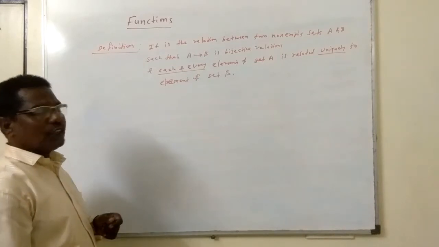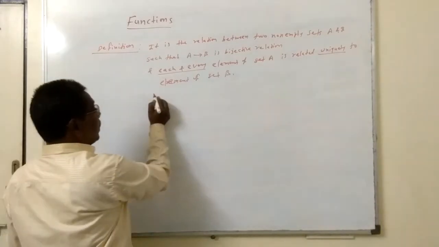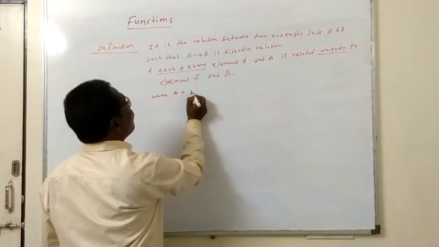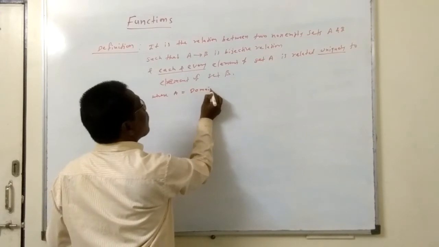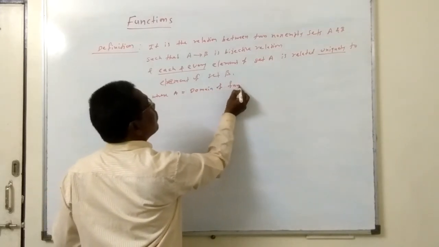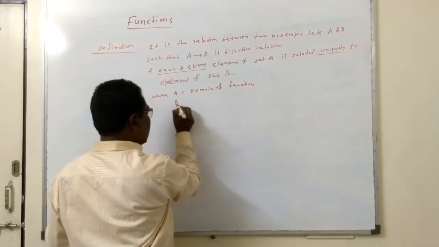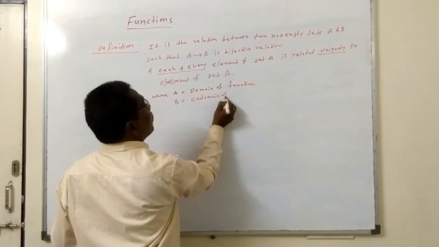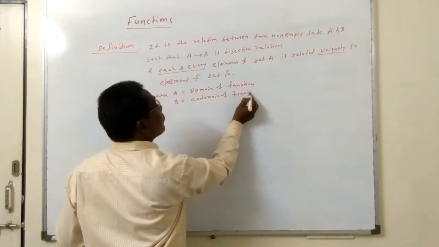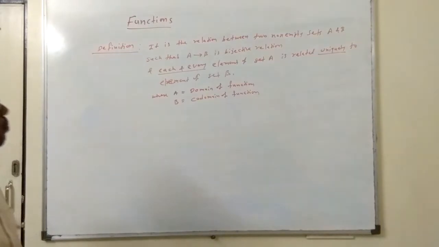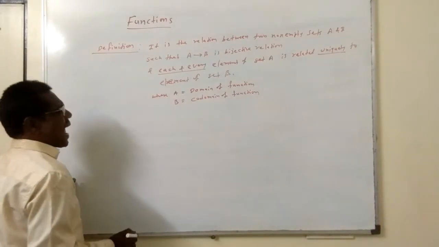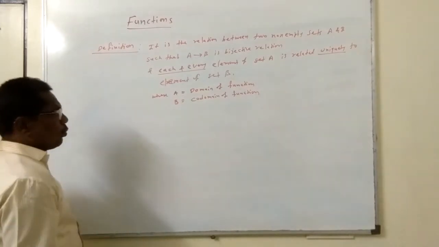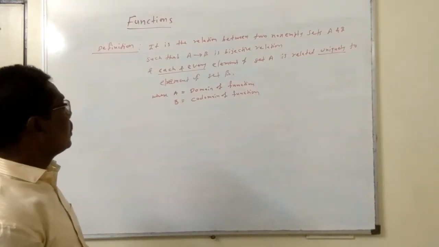Then we will write the equation for that relation. Now here, A is the domain of the function and set B is the codomain of the function.